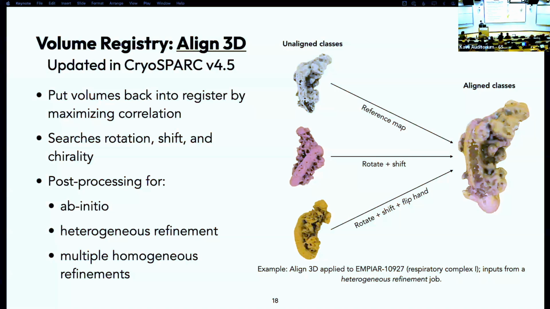It's also used when you want to put your maps in register to perhaps your best refined structure currently from a homogeneous refinement, for example. Align3D will also accept the masks and the particles associated with each volume, and will put these into register based on the transformed volume to volume alignments. This detail is very important because it allows us to take particles as a group and realign them based on aligning their corresponding volumes.